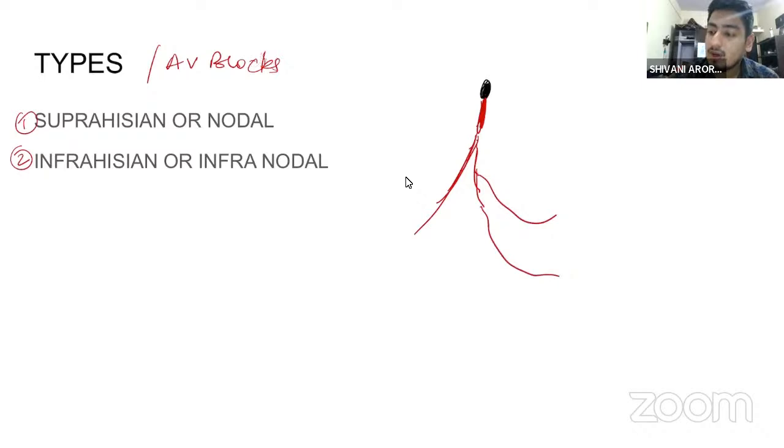So if block is at the level of AV node, this is known as nodal or suprahisian block. If block is at the level of bundle of His here or below the level of bundle of His, at the levels of bundle branches or fascicles, this is known as infrahisian or infranodal block.